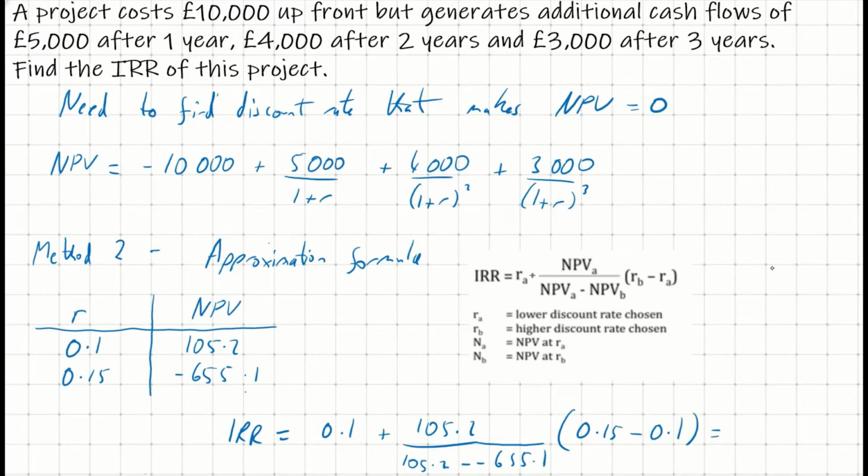You just plug these numbers into this formula. In this case, I think you get 0.107, which gives the same answer, 11% to the nearest percent. So there are two ways to calculate the IRR of a project.